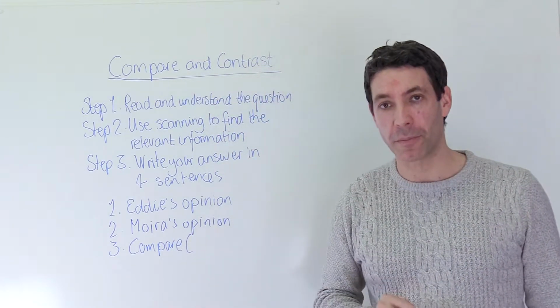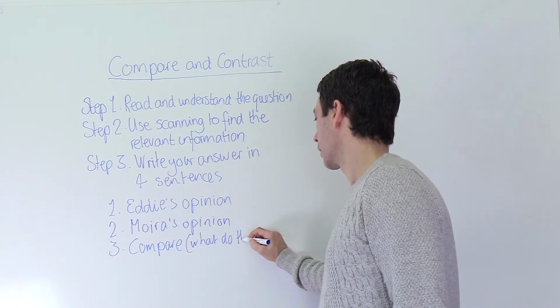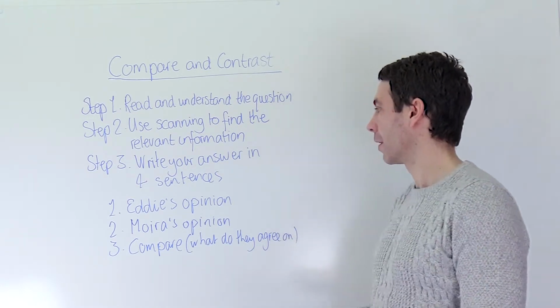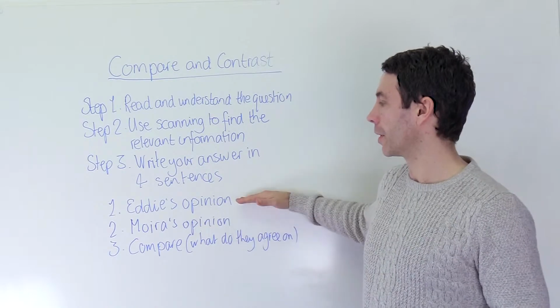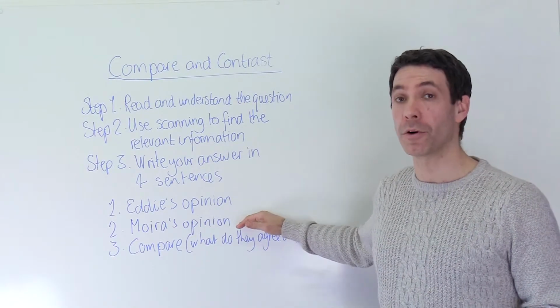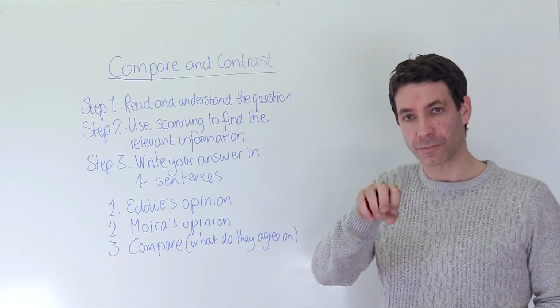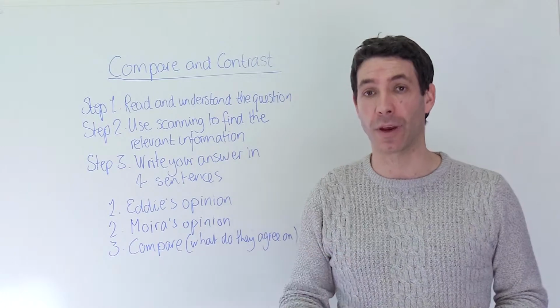And remember, by compare, we mean what do they agree on? And it's going to be quite easy for us to do now, because we've got Eddie's opinion written in our first sentence. We've got Moira's opinion written in our second sentence. And here we're simply extracting the parts of those sentences in which they agree with each other.